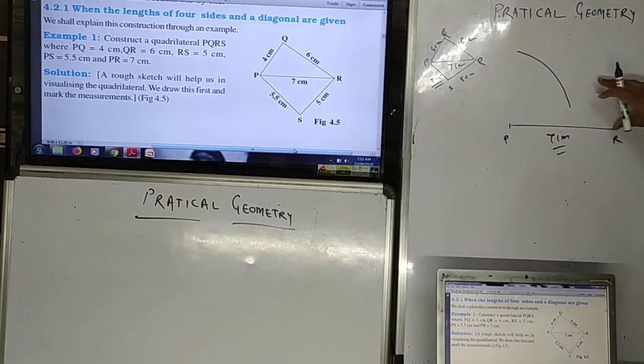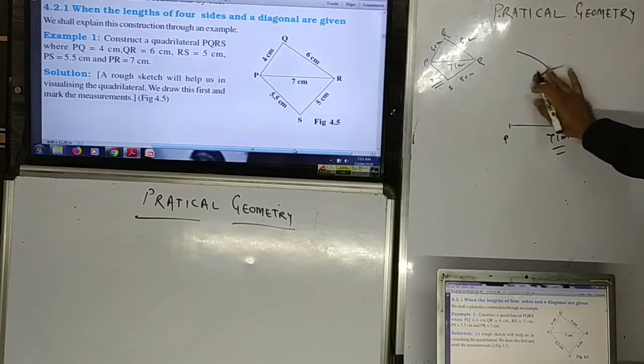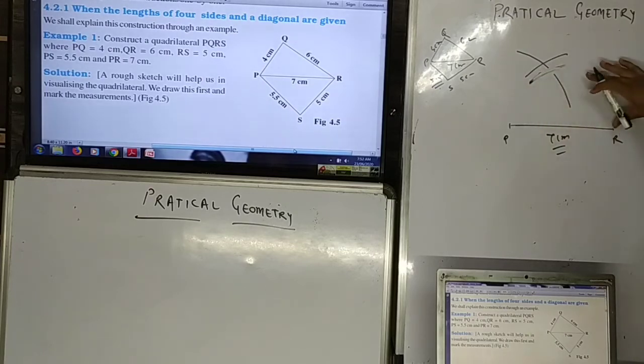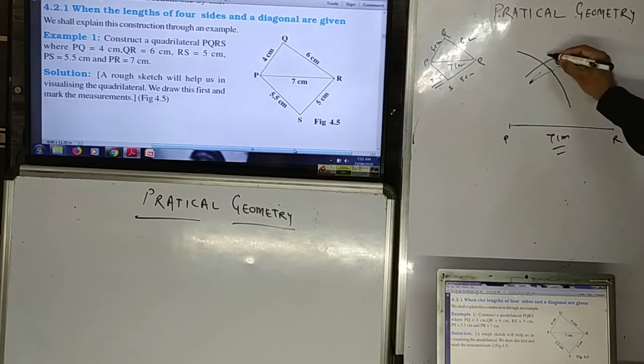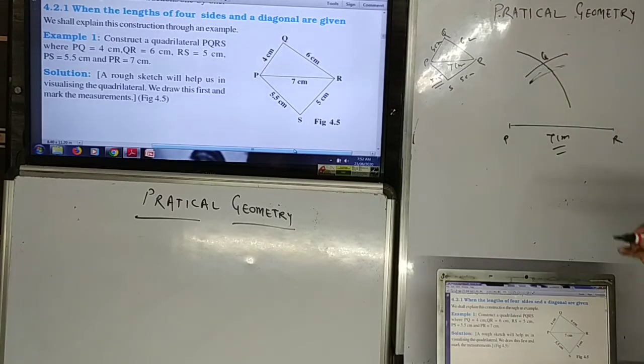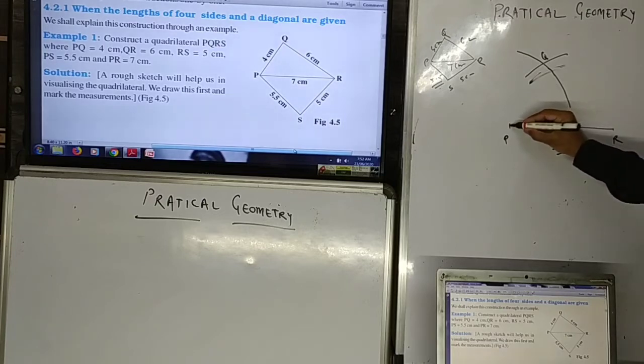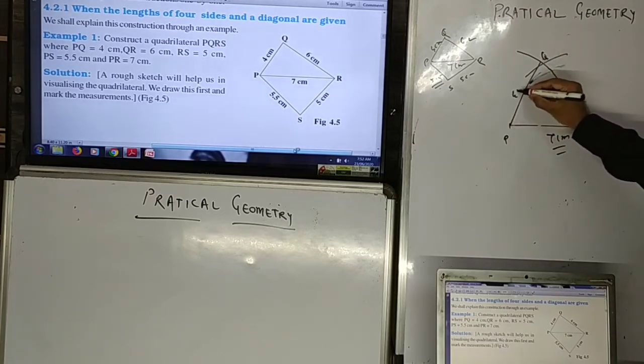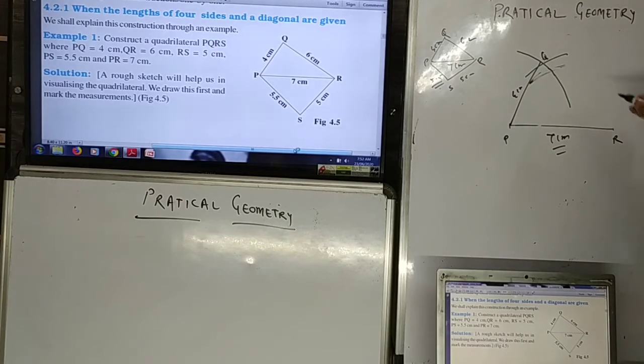Put metallic end of rounder at R, take 6 centimeter radius and draw another arc intersecting the first arc at point Q. This Q point is 4 centimeter from P and 6 centimeter from R.